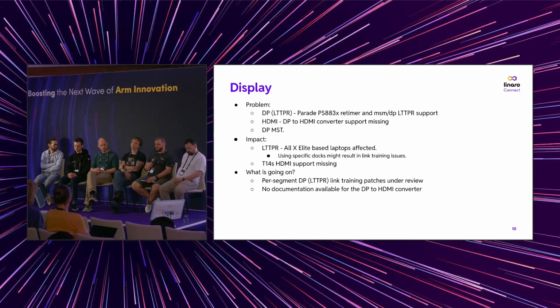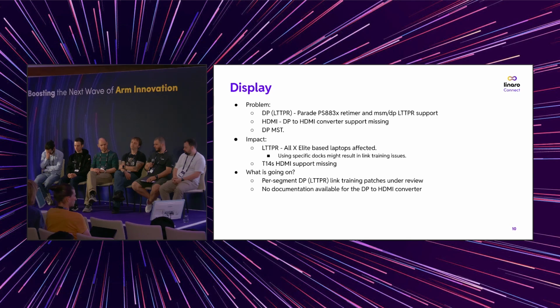For example, if you have multiple dongles, or depending on the cable you use, you might not be able to get the link training successful to the sink. So this LTTPR allows you to change some of the electrical and signal related properties.